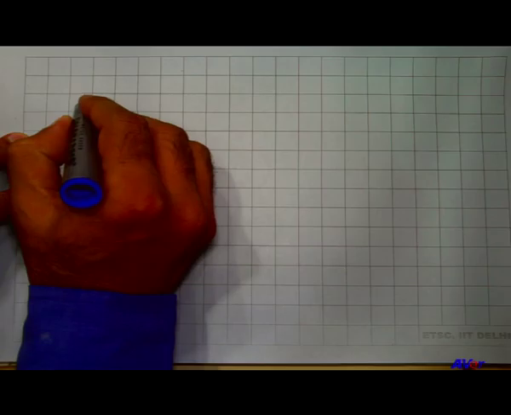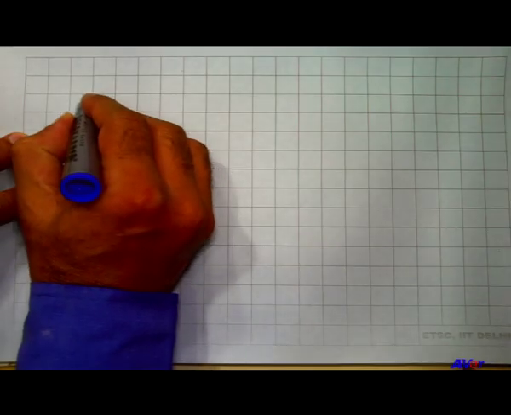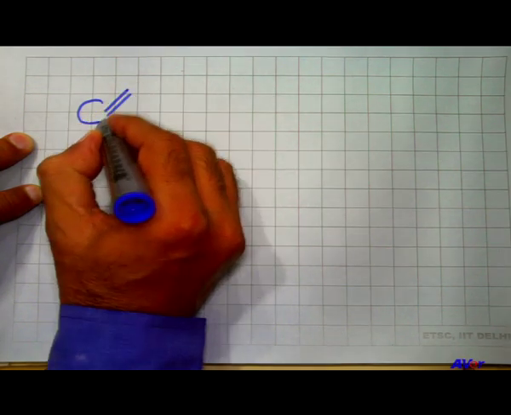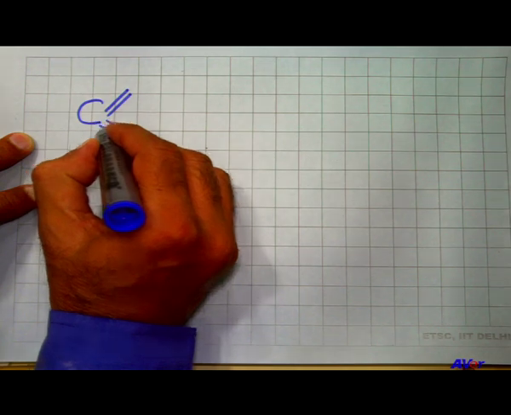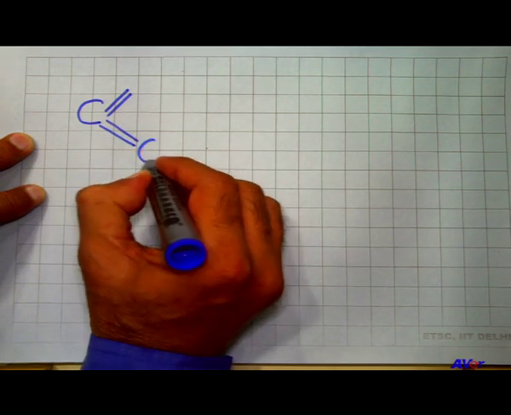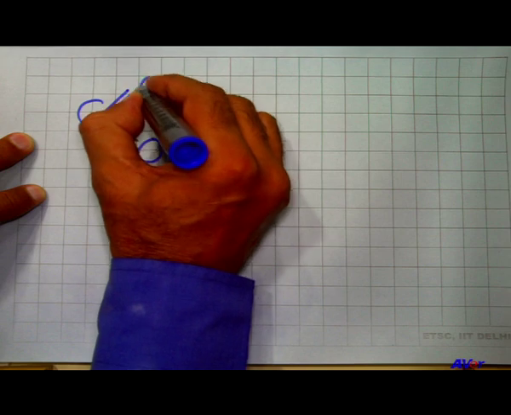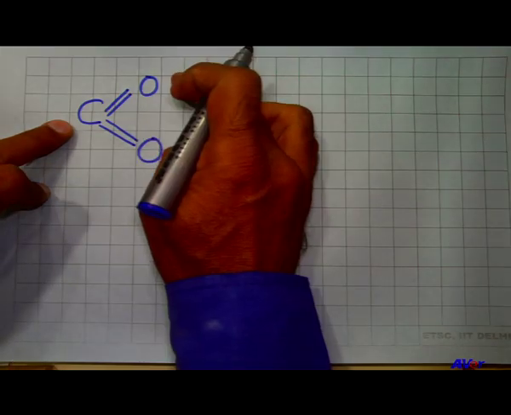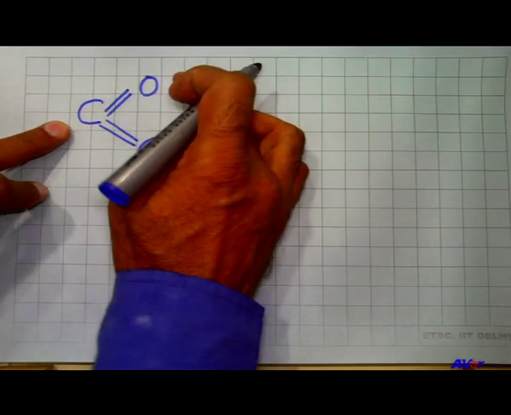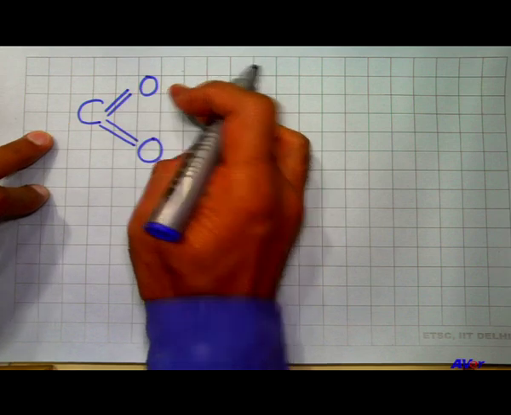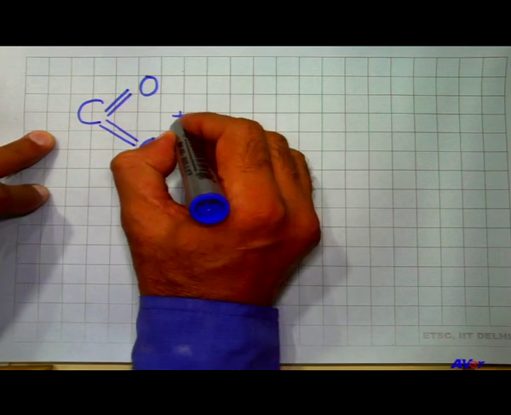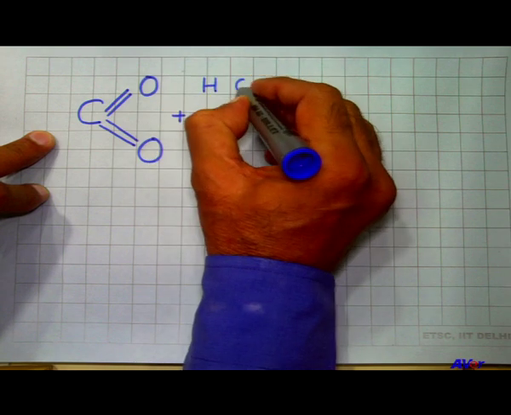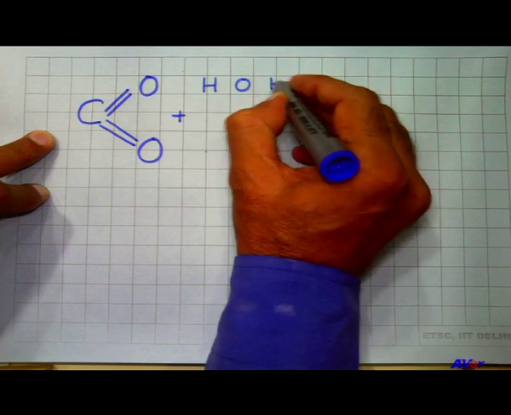In a simpler way, we are now able to write that during photosynthesis, carbon dioxide combined with water. We can write water in this way.